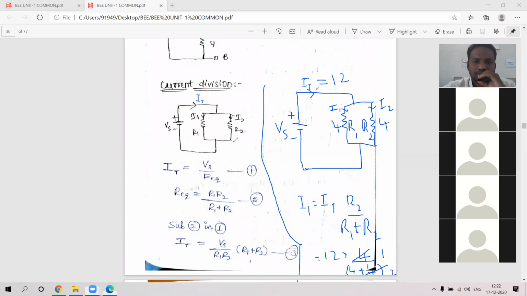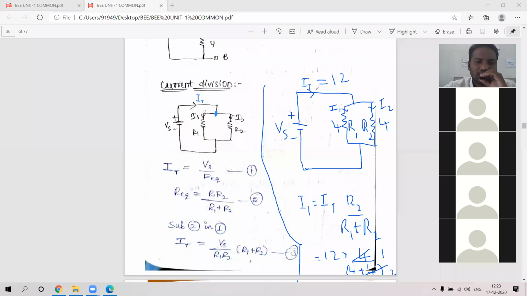This is the voltage source I have taken. Because of this voltage, current starts flowing in the circuit. Because of the total voltage, the total current will be flowing at this node. Node means nothing but an intersecting point. At this node, two currents will be there, because we got two paths.